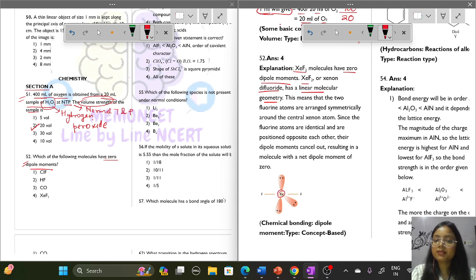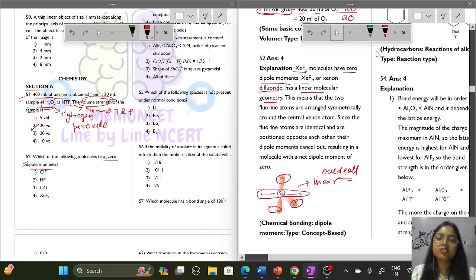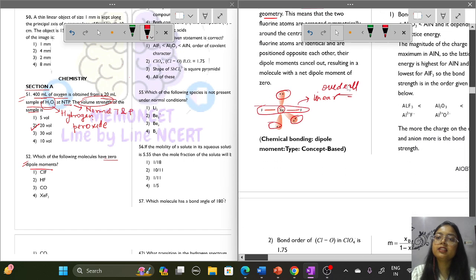The central atom is xenon and two fluorine atoms are in the linear position. It also contains 3 lone pairs of electrons arranged like this. So the overall geometry of the XeF2 molecule will be linear.